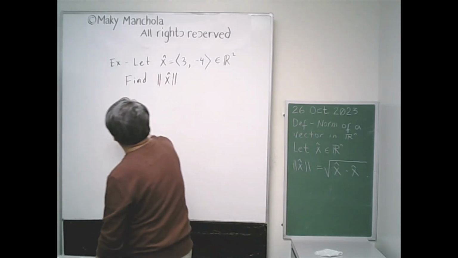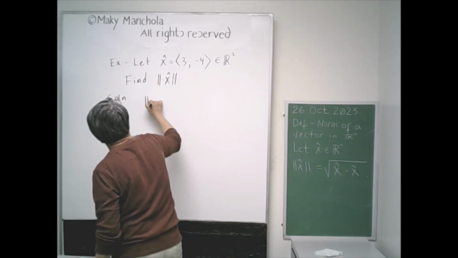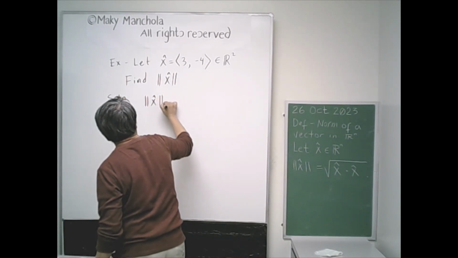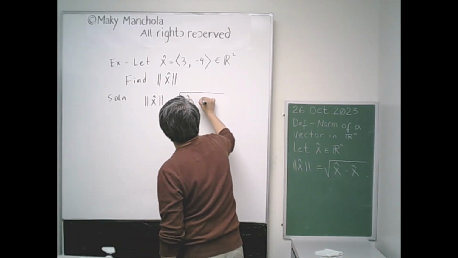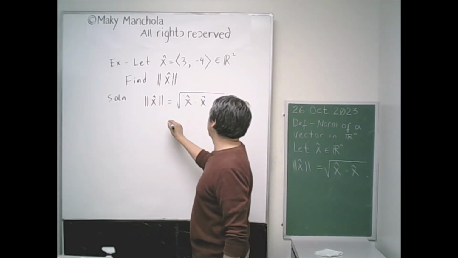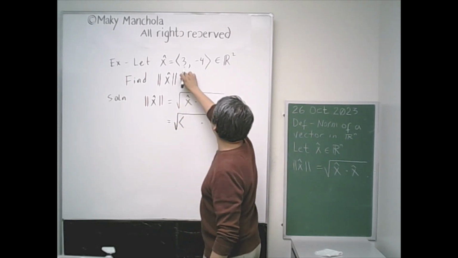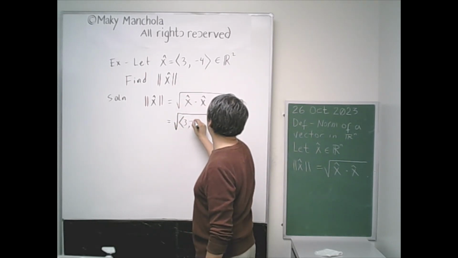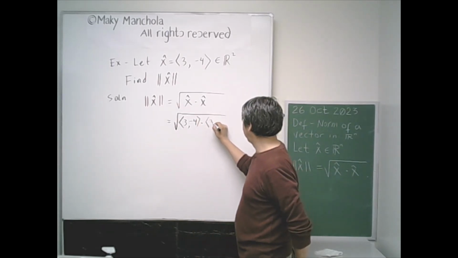So by definition, so here's my solution. By definition, the norm of x hat is the square root of the dot product of 3, -4 with itself.